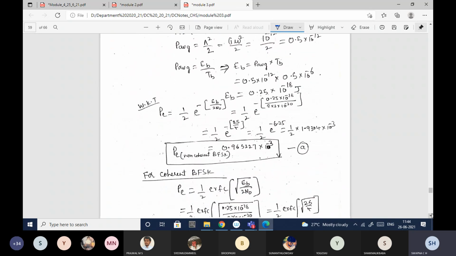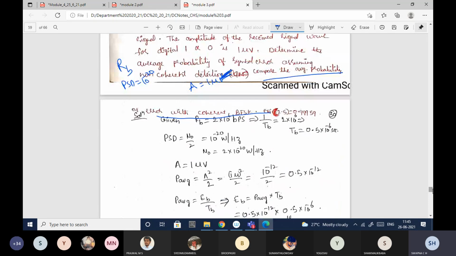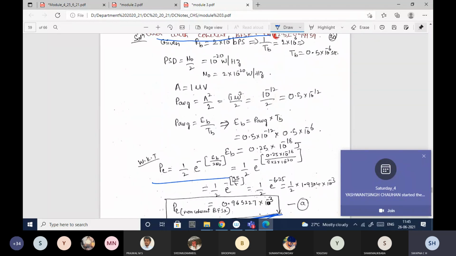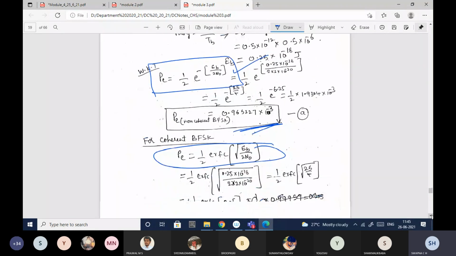This, with the root and e power exponential, is the equation for non-coherent detection, and this is the average probability of error for coherent detection.